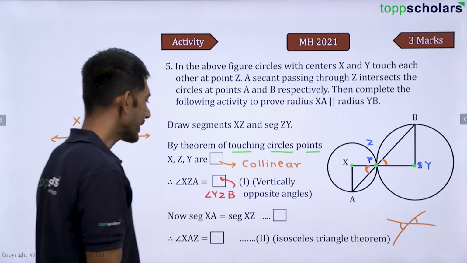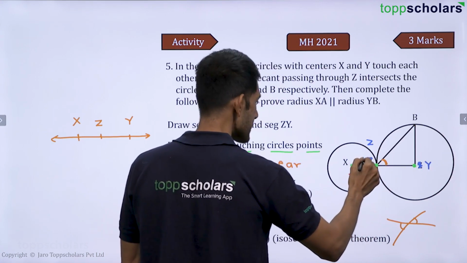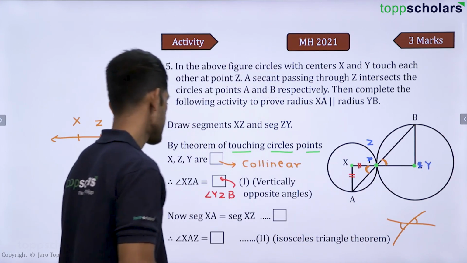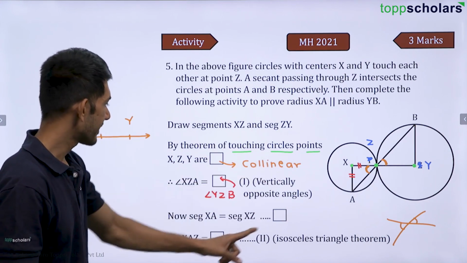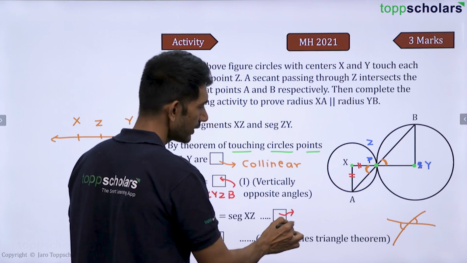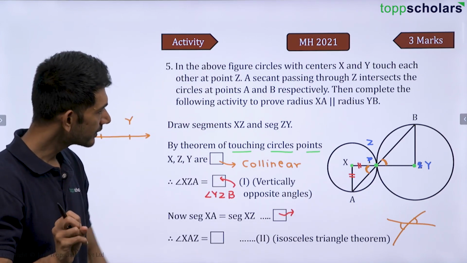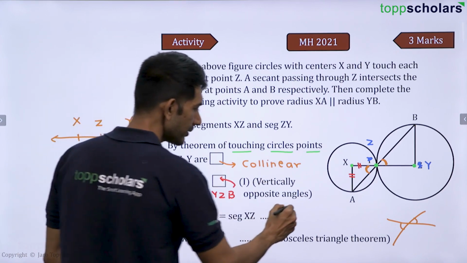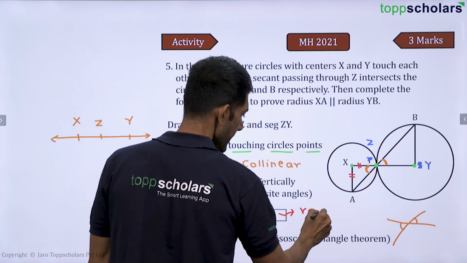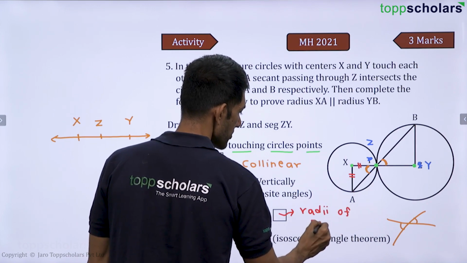Now we already know that XA is equal to XZ, right? XA and XZ are equal. What is the reason for that? We can write down the reason as radii of the same circle.